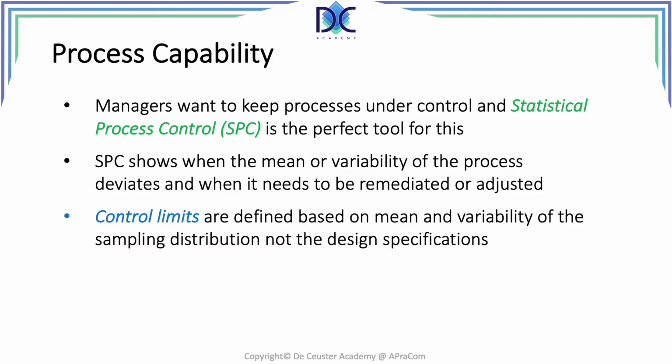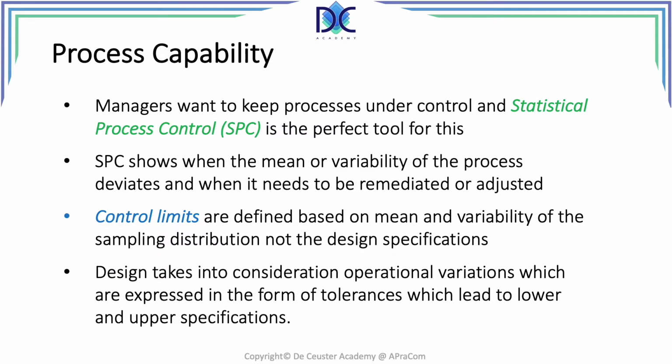Now, ideally, the mean should be the same as the design mean, and the variability should be so that the process can produce a sufficiently high number of good parts.